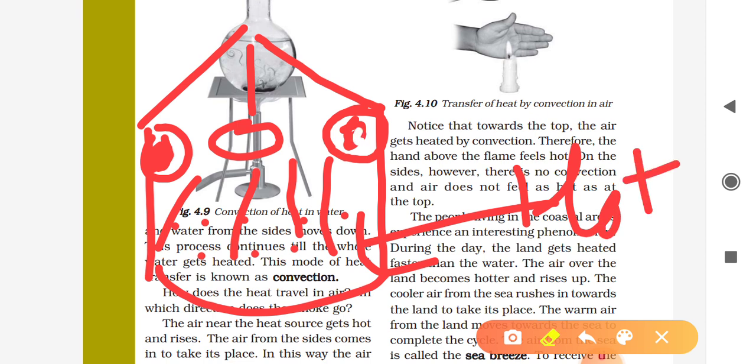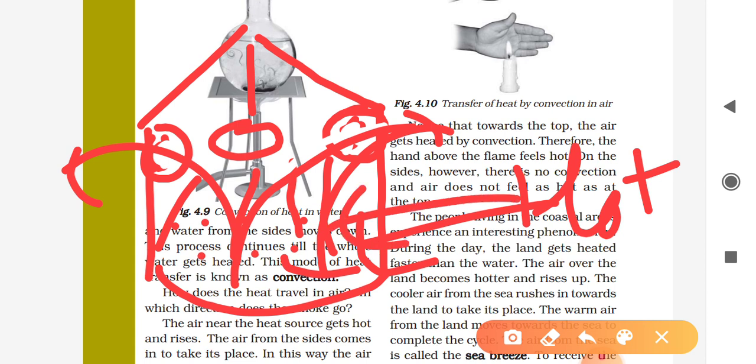But once the holes are given, the air will go outside of the house, and fresh air will come from the windows or doors. The hotter air will go outside. So this is also the process of convection. Top air goes downside and hotter air goes in the upward direction.